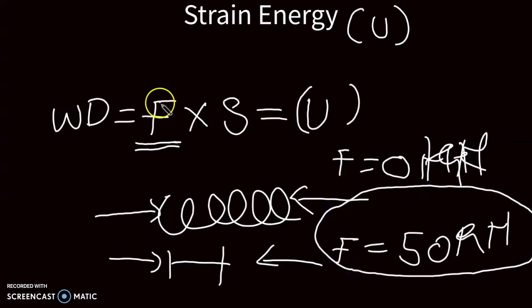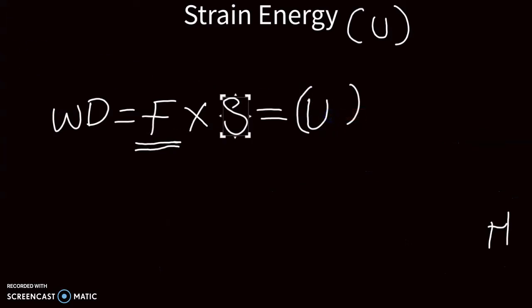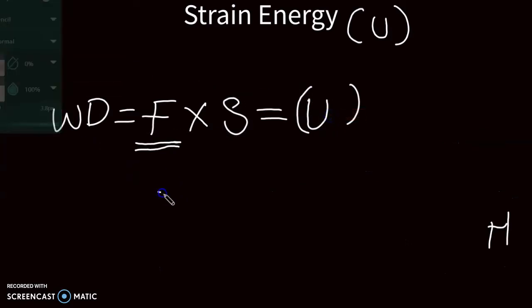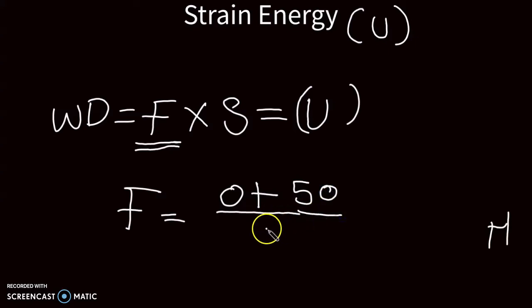So here, where we are supposed to put the force, we are going to put what we call an average force. So F will be equal to, in the case of the example that I've just erased, 0 plus the 50 kilonewtons that we had at the end, divided by 2.